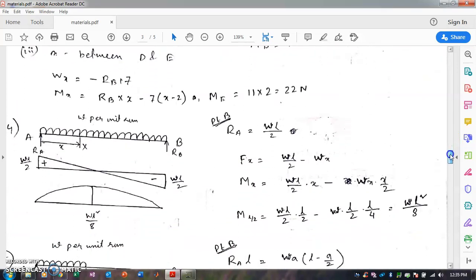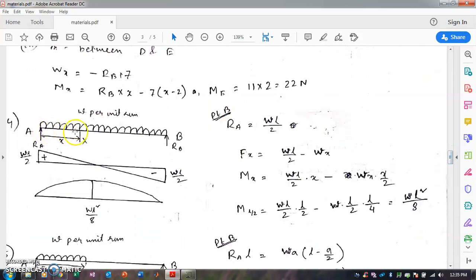Now in the next problem we are considering a simply supported beam where a uniformly distributed load, or UDL, is acting throughout its length. Its length is L from A to B, and the value of the UDL is w per unit run, meaning per unit length, that is w per millimeter or w per meter.